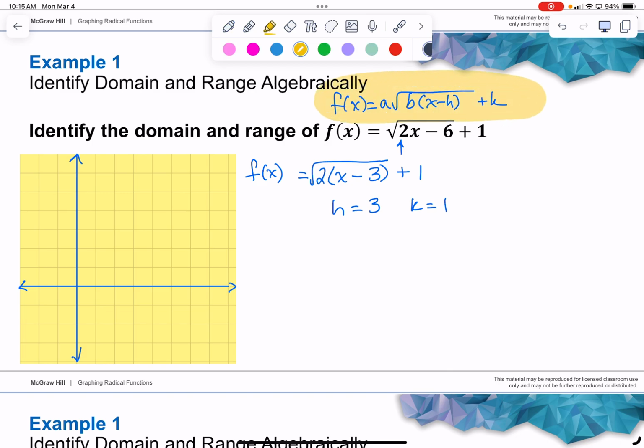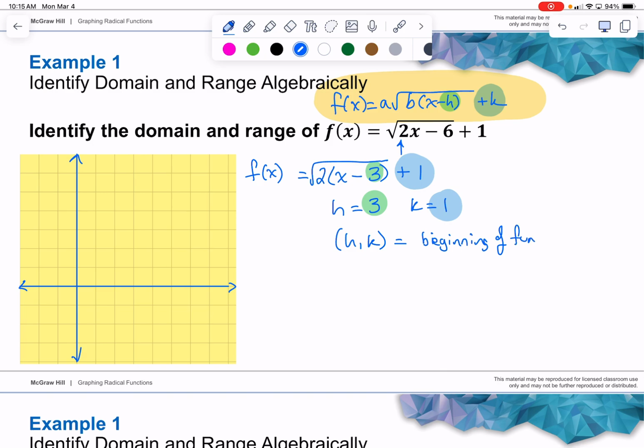When I see a number here, that's my h. When I see a number out here, that's my k. And h comma k is the beginning of my function. So I'm going to go over 3 and up 1, and we know that it's just going to go like that.